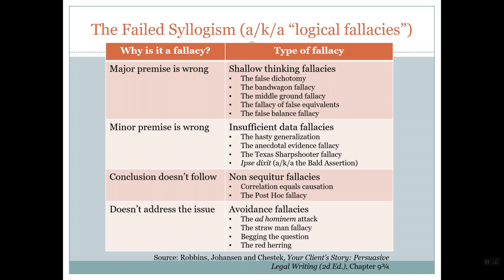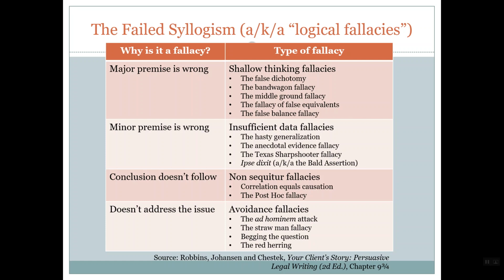And there's a 4th category that we identify of avoidance fallacies, where for whatever reason the legal question under consideration simply is not addressed by the argument. It misses the point altogether.